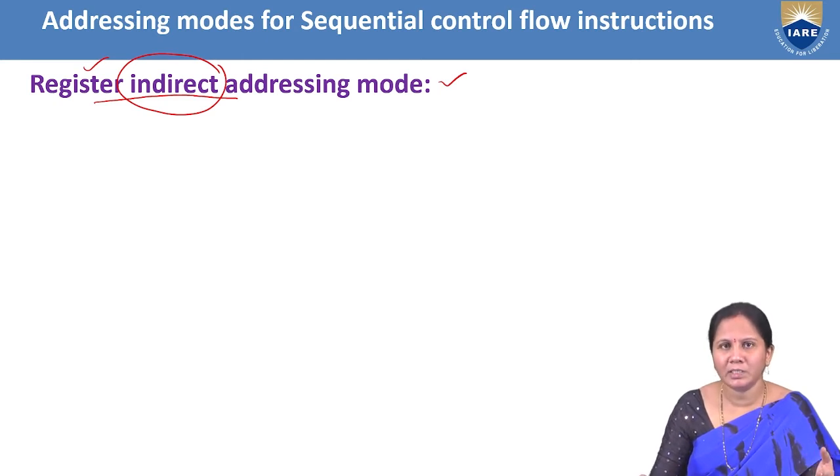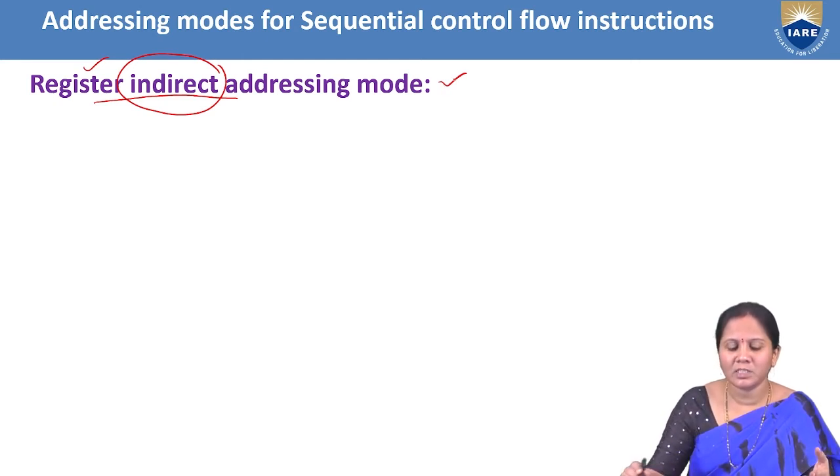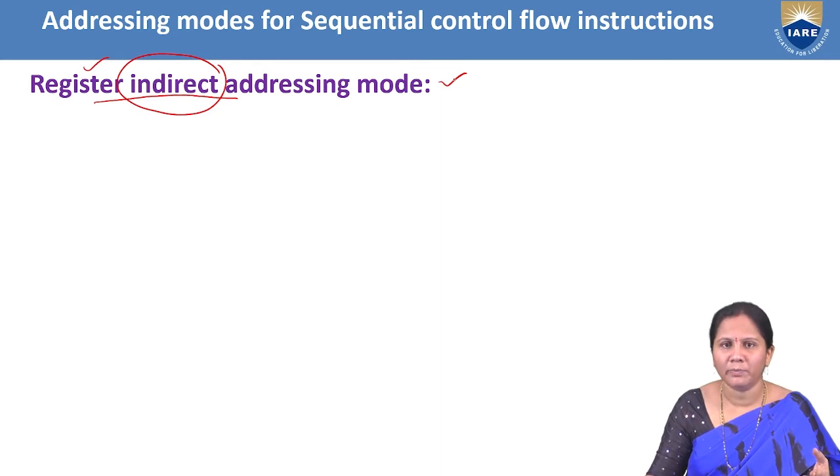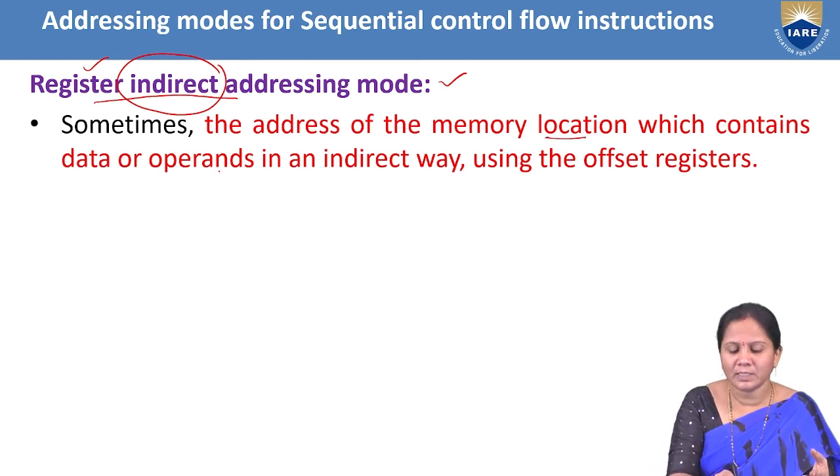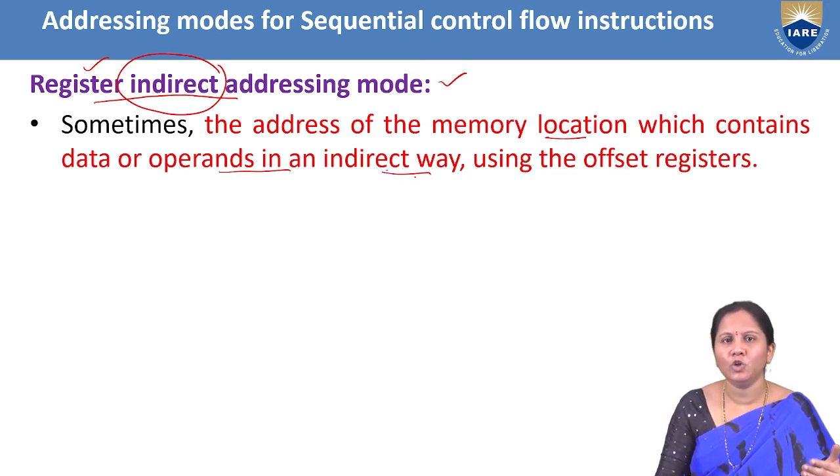Such a type of representation we call register indirect addressing mode. Here the address of the memory location which contains the data or operands will be specified in an indirect way using any of the offset registers.